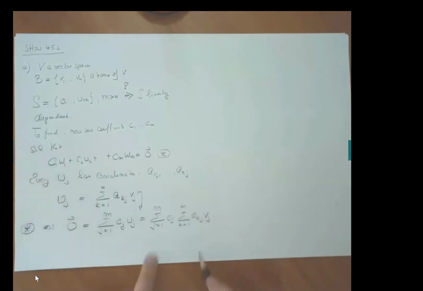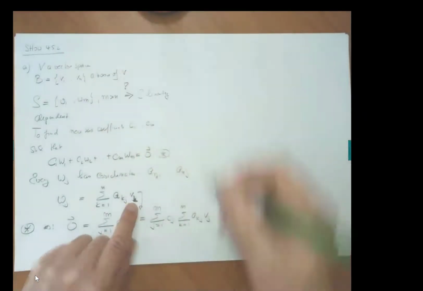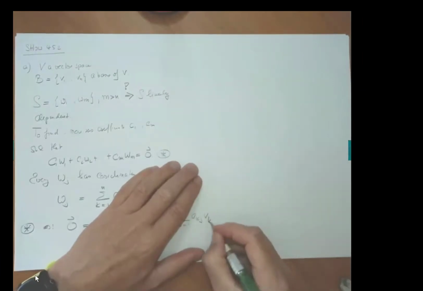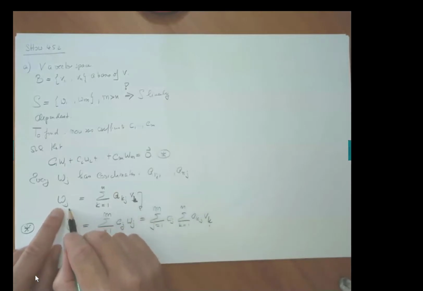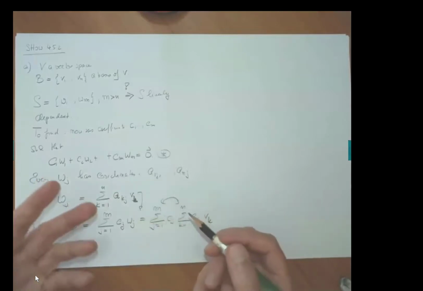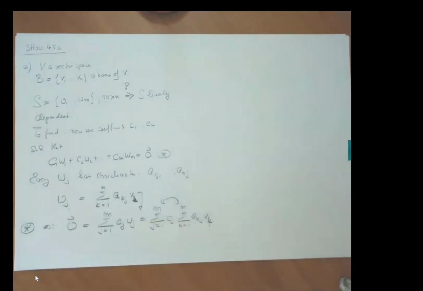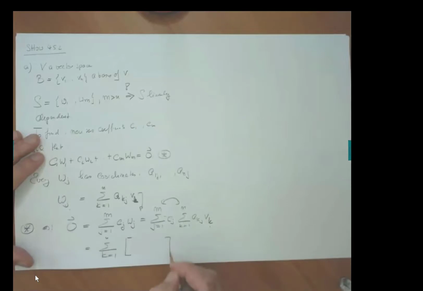But sorry, this is actually k here, not j, because we have to use all the basis vectors for every vector Wj. Now we switch the summation. We can do this because this is finite, not like in calculus 2 where you have infinite summation and you have to be careful. Here everything is just finite. So we just distribute this around. So k goes from 1 to n, then I can factor out the vector Vk, and what's inside, all the rest.